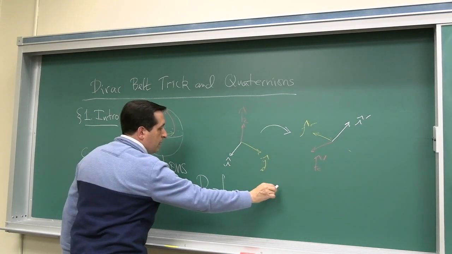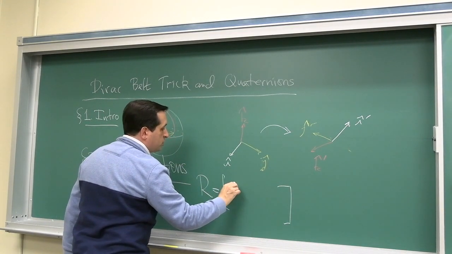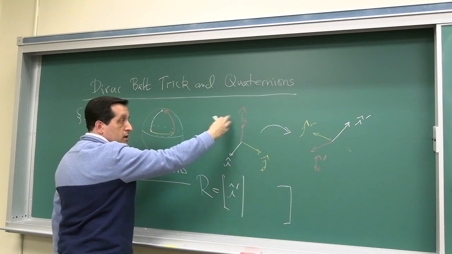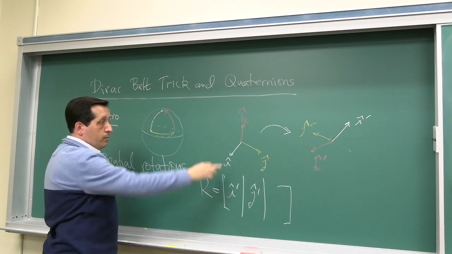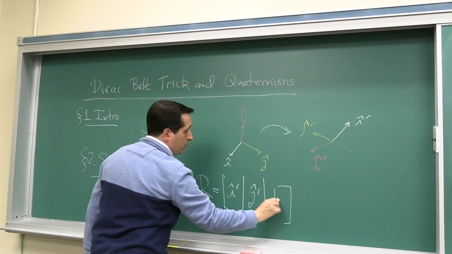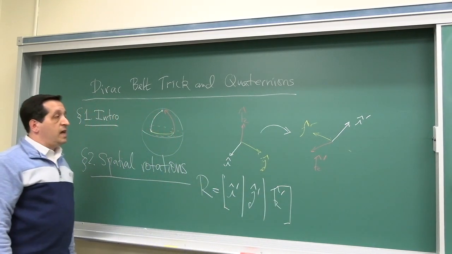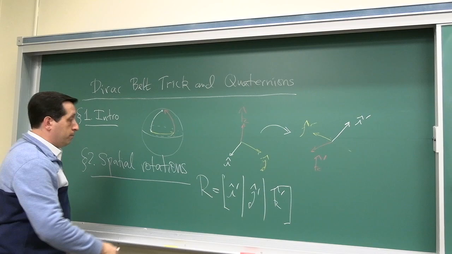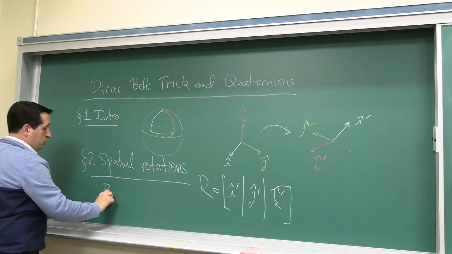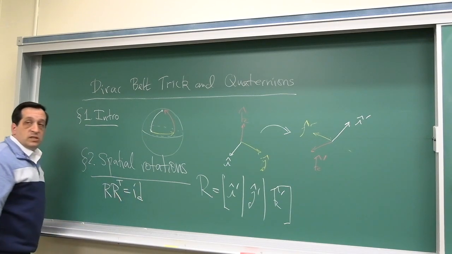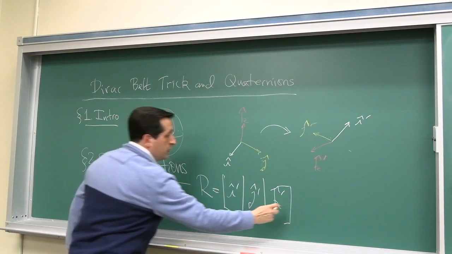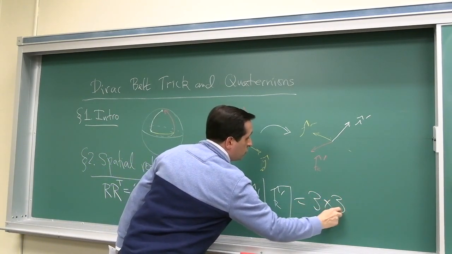If I make the 3x3 matrix whose first column is I prime, written in this reference frame, second column is J prime, written in this reference frame, and third column is K prime, written in this reference frame, then this matrix satisfies two conditions. R transpose R is the identity. So this is some 3x3 matrix of numbers.